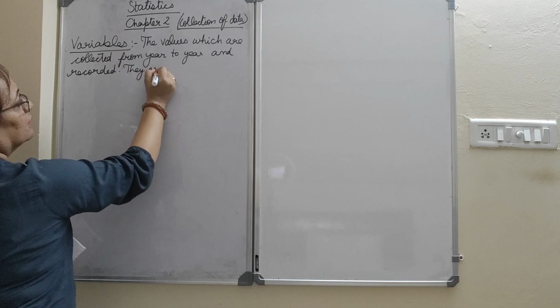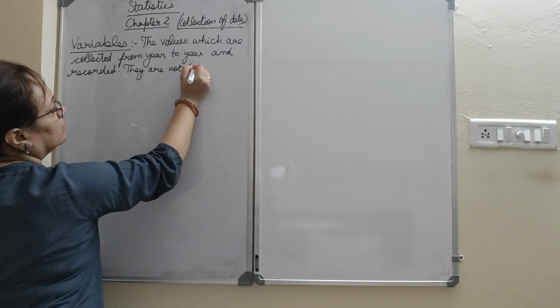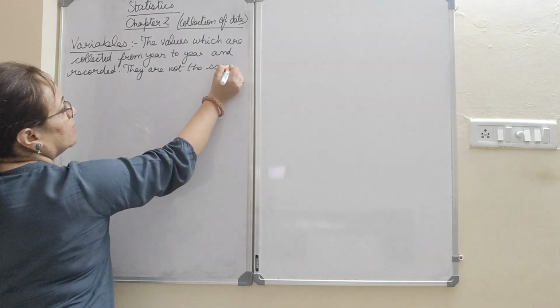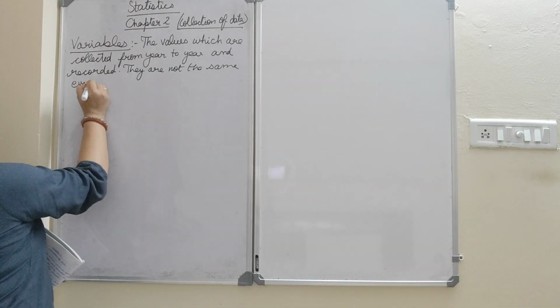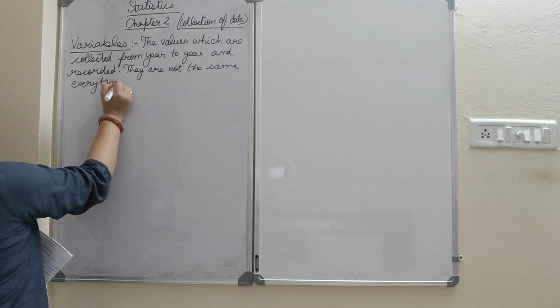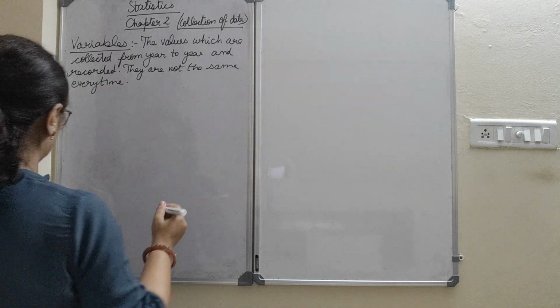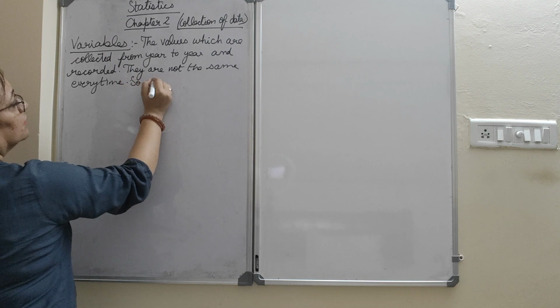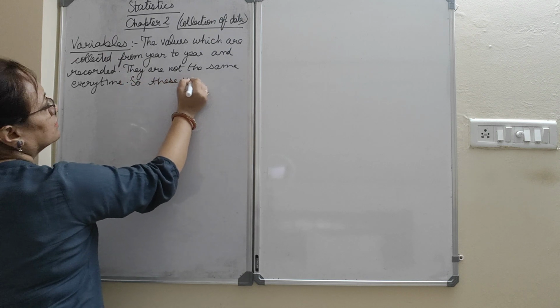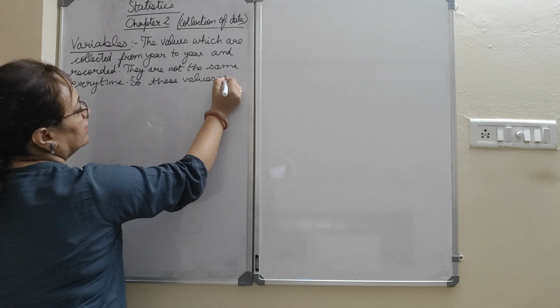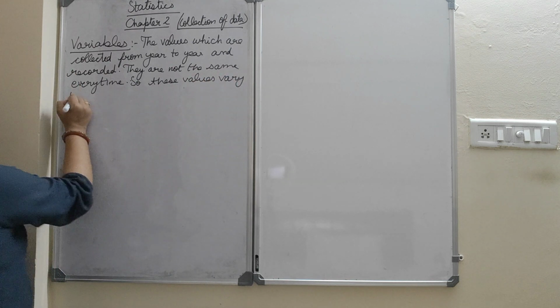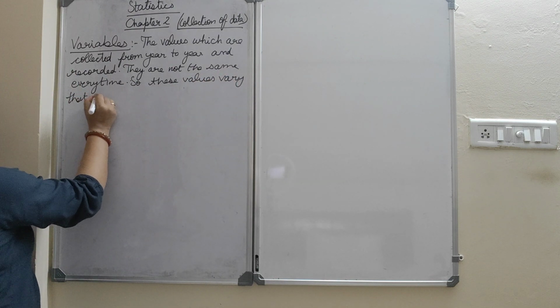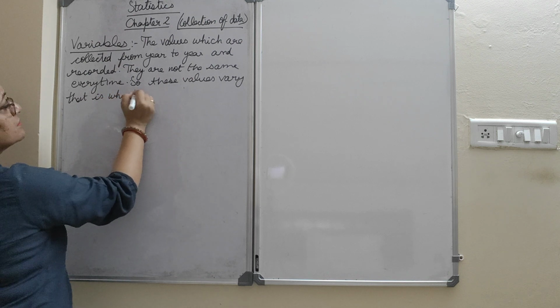They are not the same every time. Okay, so they keep on changing. So these values vary. That is why they are called variables.